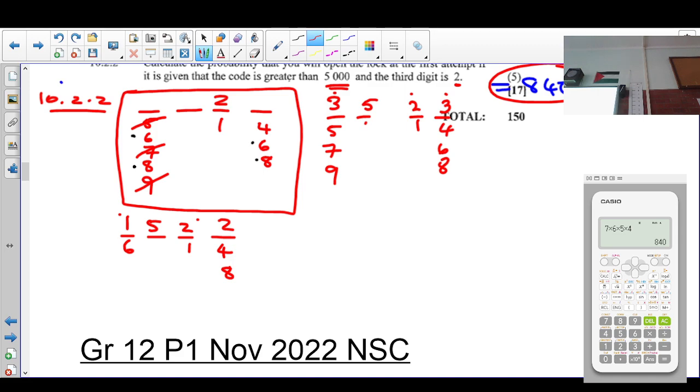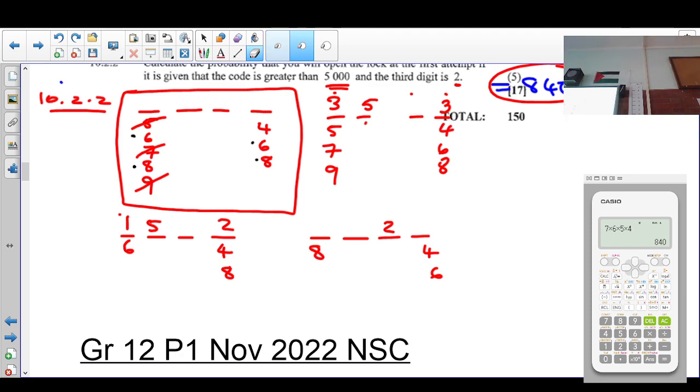What if the first number is an 8? Then, the last number can be a 4 or a 6. This has to be a 2. Whoops, I'm writing this up wrong.